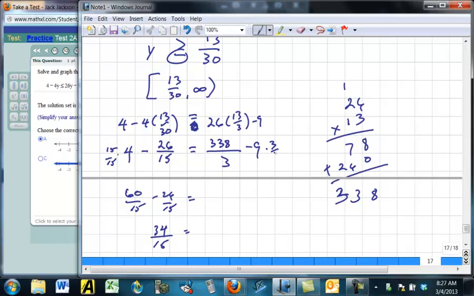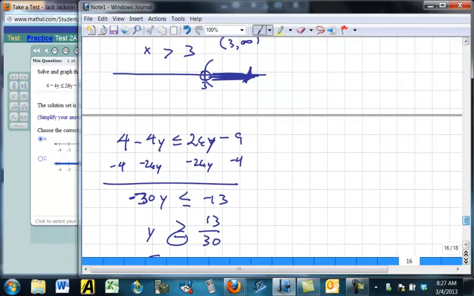Now you need a common denominator, so I need to multiply top and bottom by 3. Oh, this doesn't look good. This is not checking. 311 over 3. Okay, so it didn't check.